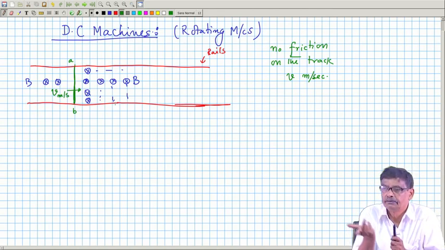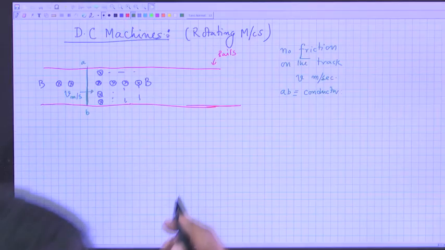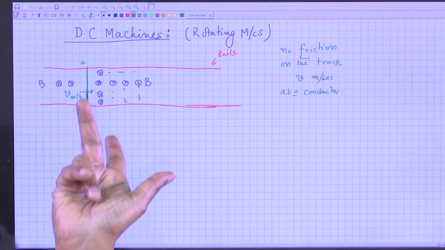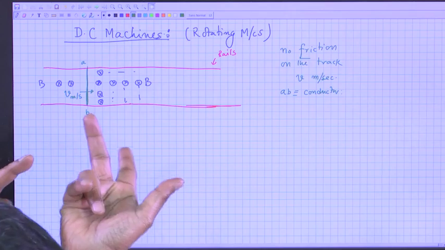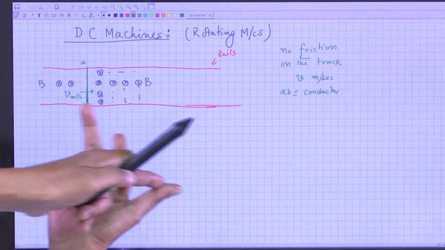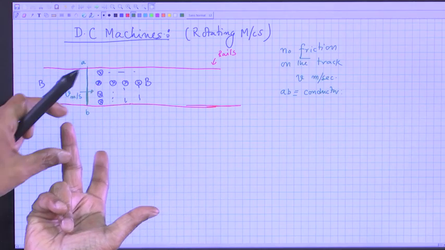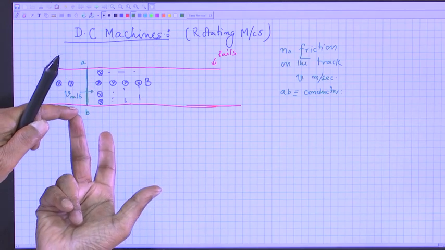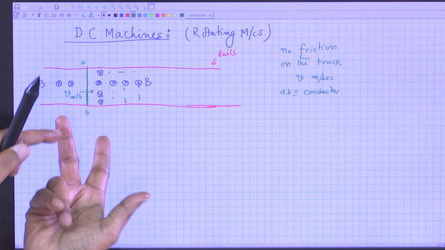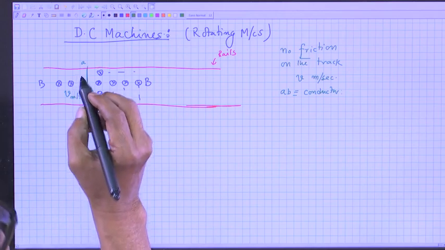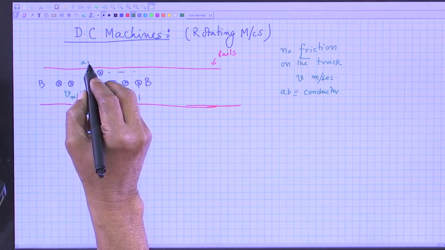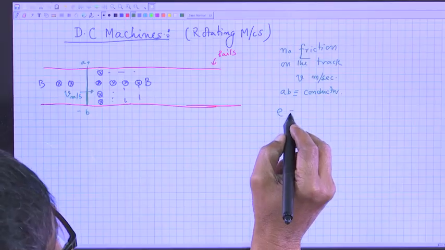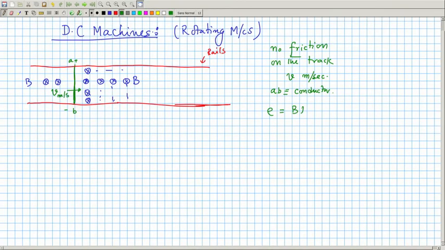You see there is a B here into the paper. So, forefinger is B, thumb gives you velocity, and the end of the middle finger will give you the polarity of the induced voltage, that is A will be plus, b will be minus, and the magnitude of the induced voltage will be BLV.